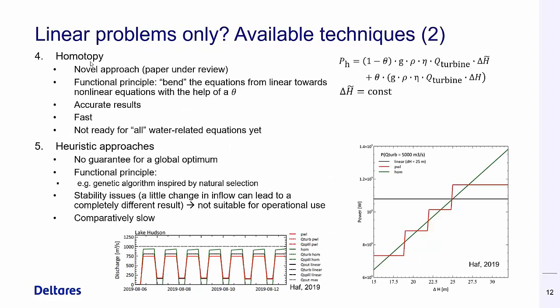As already mentioned, the homotopy method is a novel approach. We are working on a paper currently. The functional principle is that we bend the equation from linear towards nonlinear with the help of a theta. So here again the power equation, g rho eta, and here Q turbine and delta H tilde.